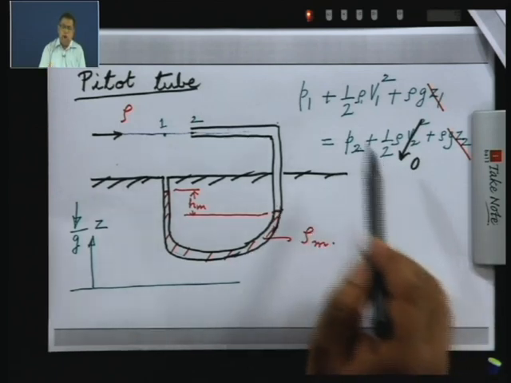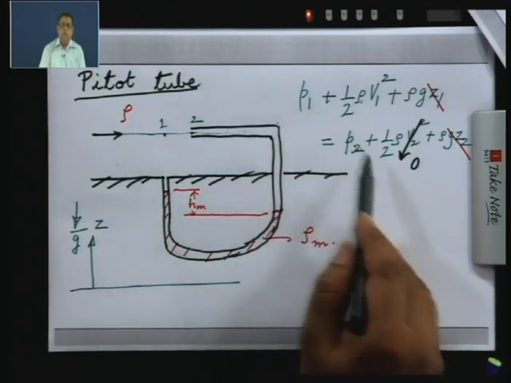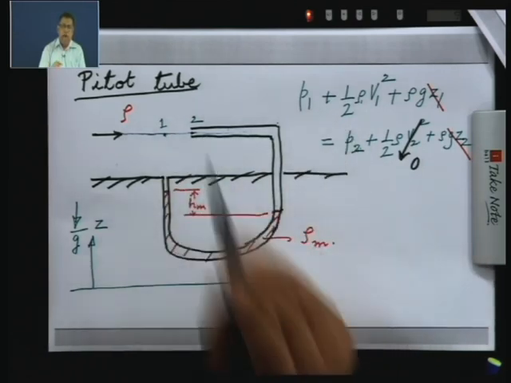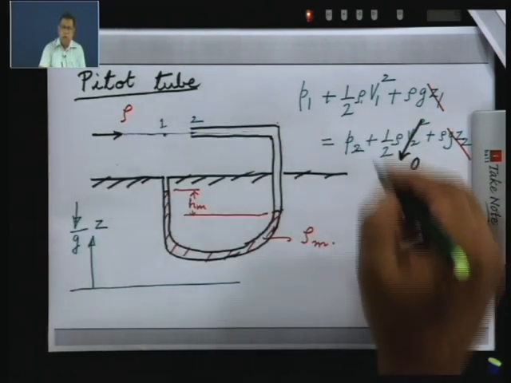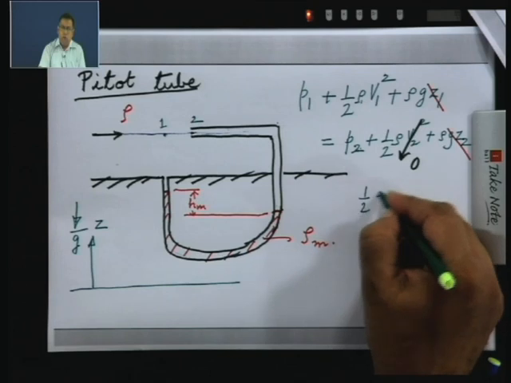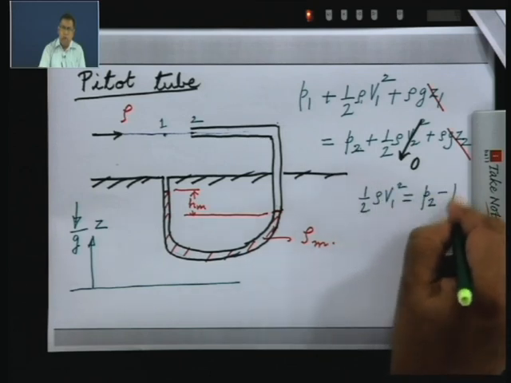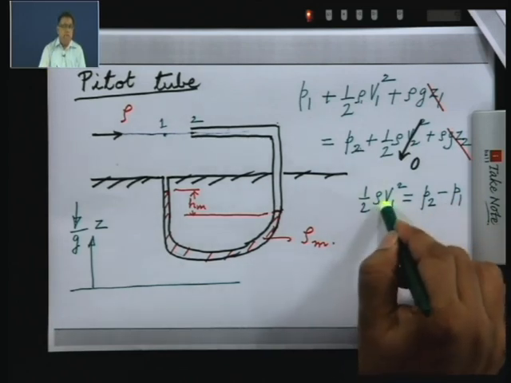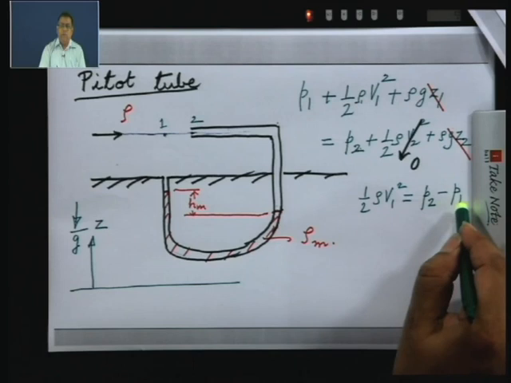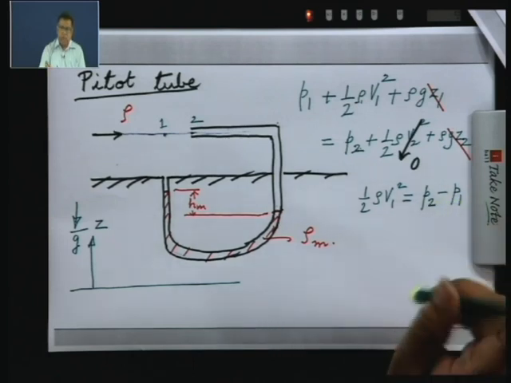Now, our goal is to find what is the velocity, let us say. So, if you can measure the pressure difference between the points 1 and 2, you get an equation for the velocity. So, from here half rho V1 squared is P2 minus P1. So, the left hand side of this equation is the dynamic pressure, the right hand side is the difference between the stagnation pressure and the static pressure.